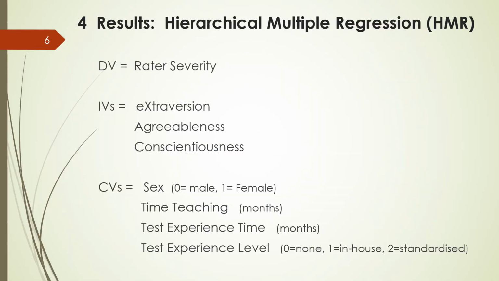Before we go over the quantitative results, I find it useful to provide an overview of the variables input into the hierarchical multiple regression. The dependent variable was termed rater severity, and this was an interval scale estimate where positive values indicate higher severity and negative values denote leniency.